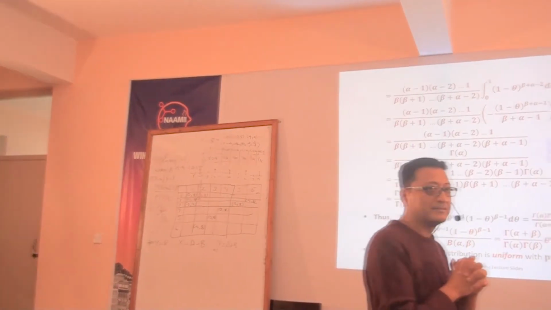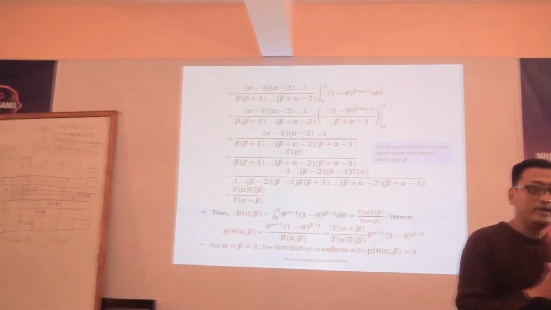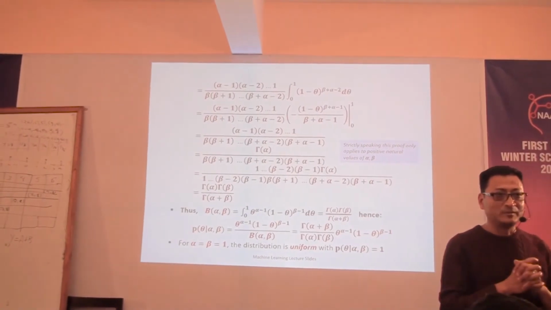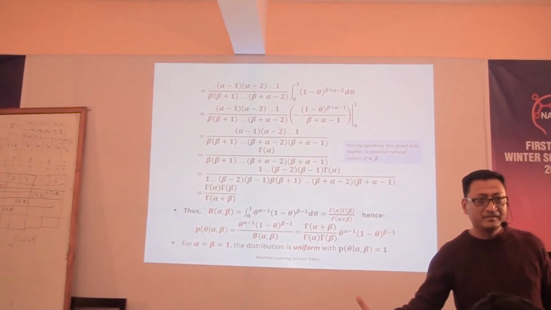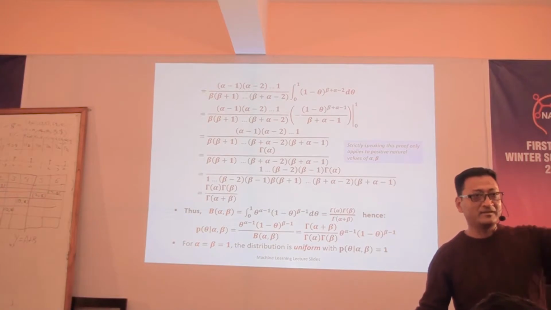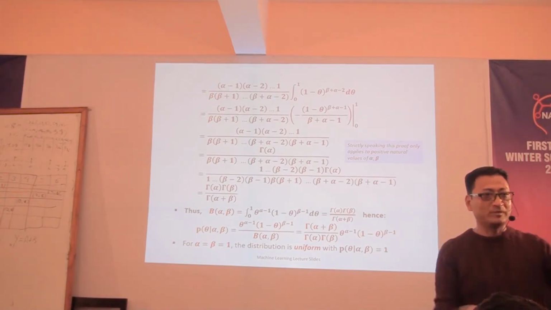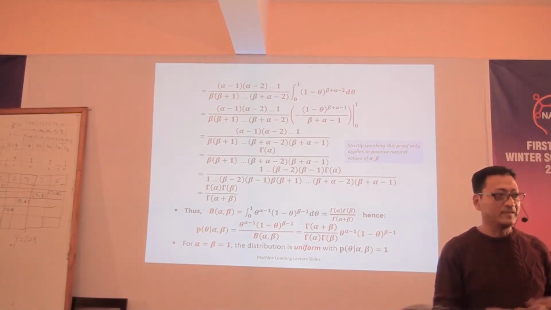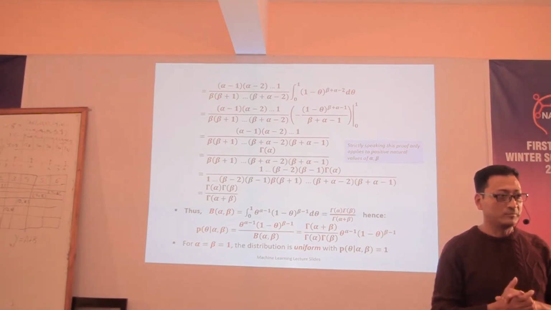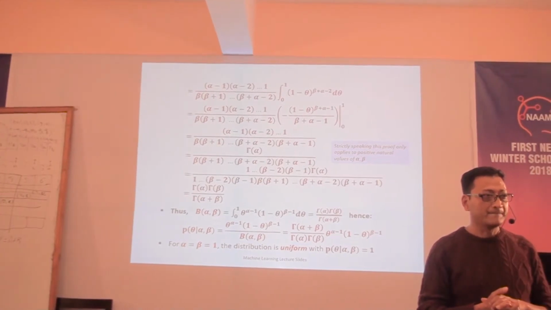Anyone else? Yeah, we're integrating from 0 to 1. So the width is 1, and the height is also 1. So it is a 1 by 1 square, and hence the total area is 1.